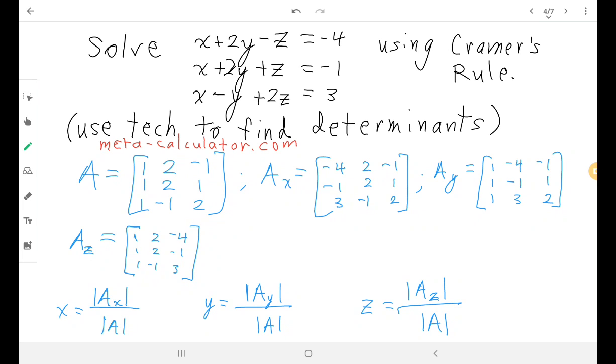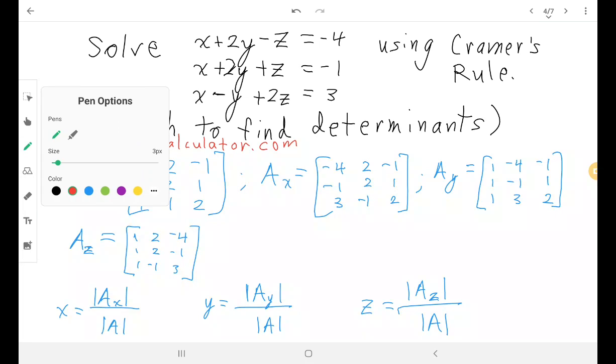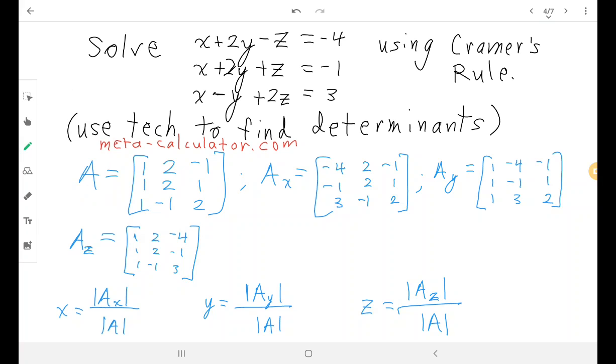This is a browser-based calculator, and one of its options is a matrix calculator. So you want to go to meta-calculator.com and choose the matrix calculator. And we'll put in matrix A as we see it there.